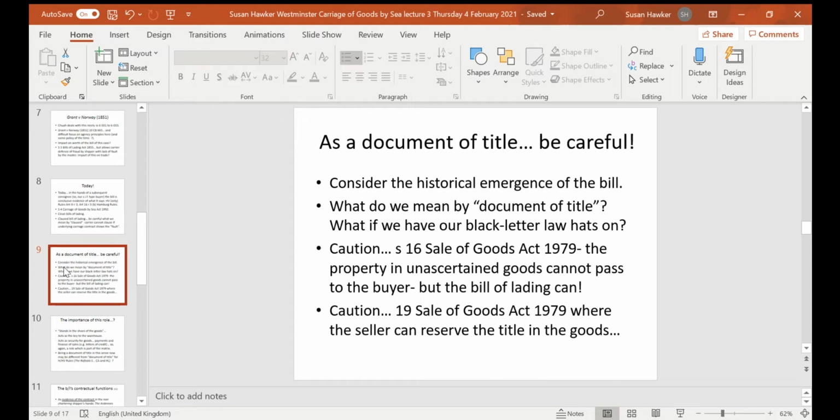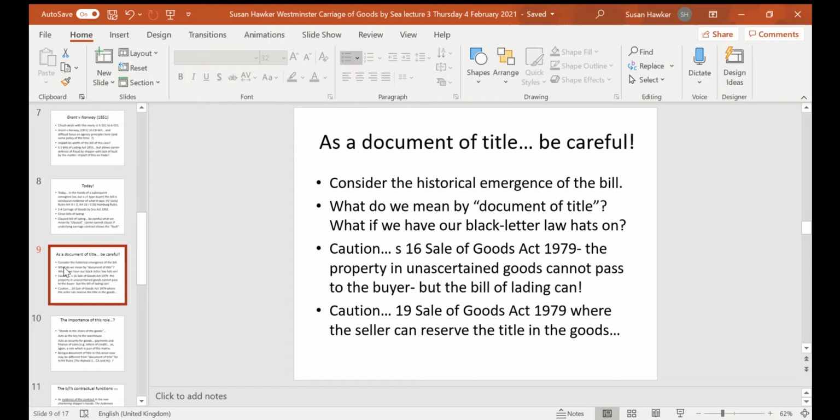But in actual fact, it's not that. In actual fact, what moves the property is the intention of the parties and the payment for the goods, except where the goods are unascertained. So in modern terms, document of title is not really quite appropriate, because we have bulk cargo carriers where portions of bulk are sold to different buyers on CIF terms, and those different buyers each buy a bill of lading and they pay against the bill of lading.